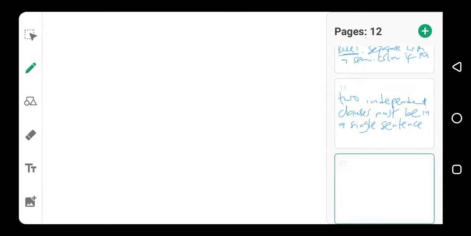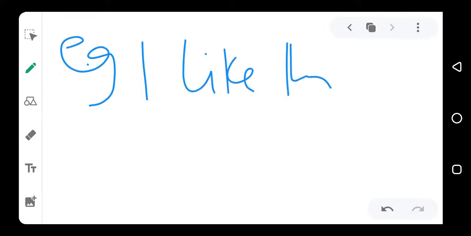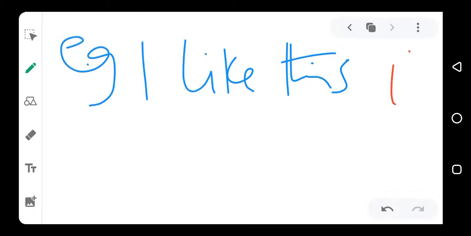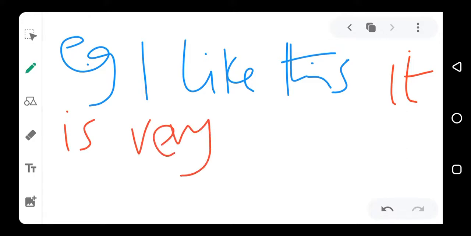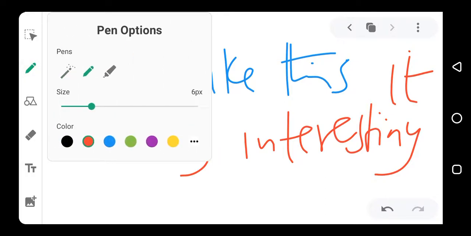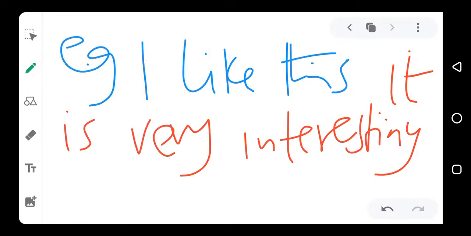Example: I like this class. It is very interesting. I like this class. It is very interesting. So here we have to separate the two independent clauses.